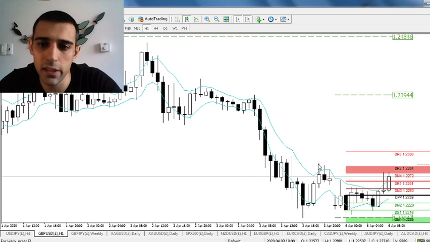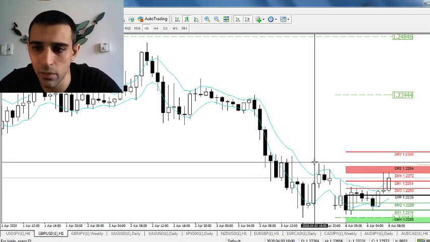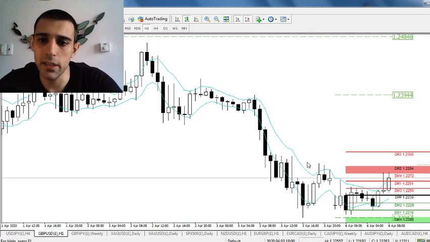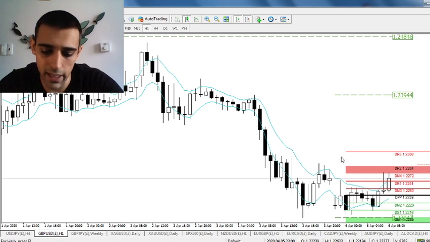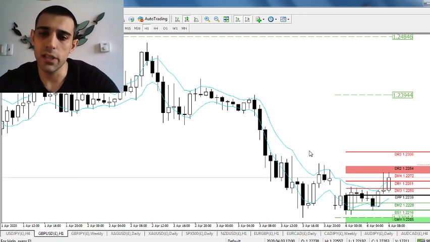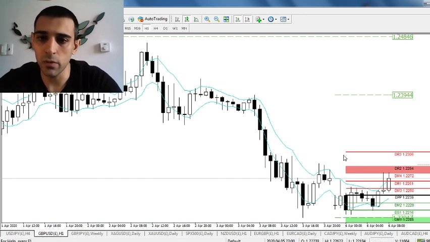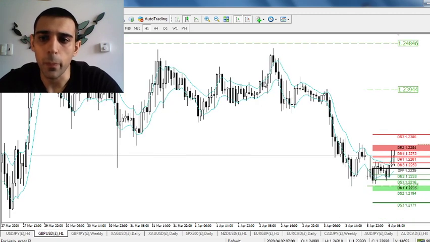I do want to see the price taking out these highs here, this little spike high. Then if there are any orders there, it should suck all the orders in. Then I will be looking to get onto the short side.